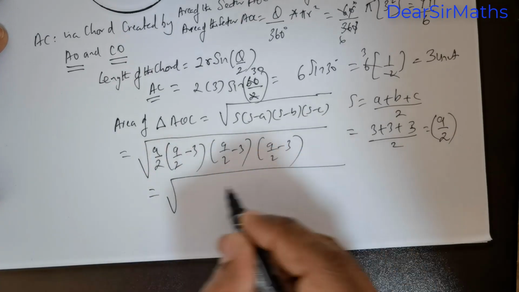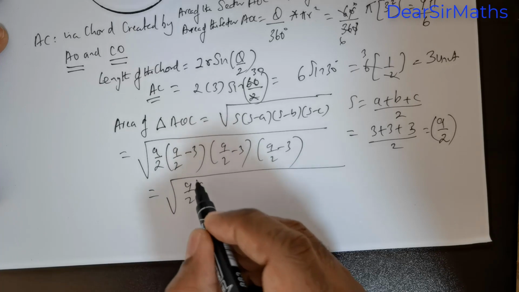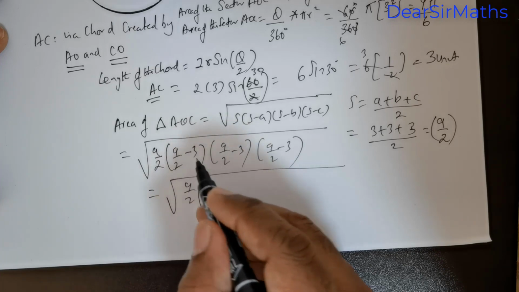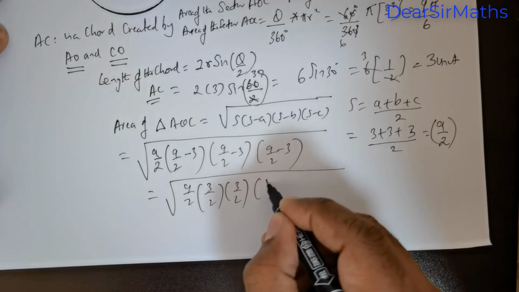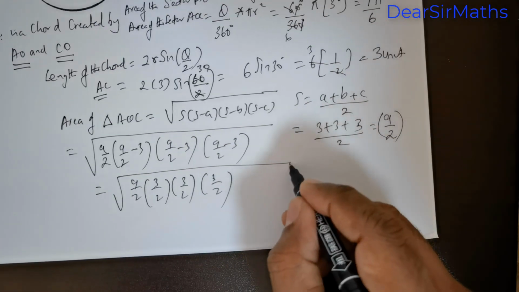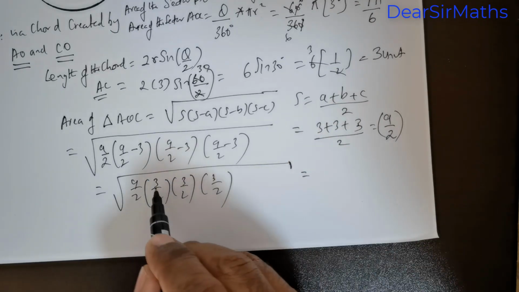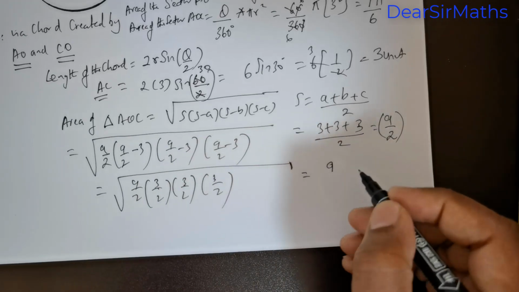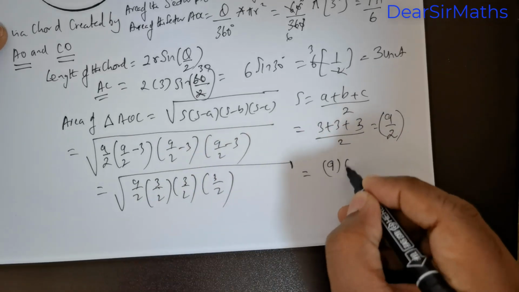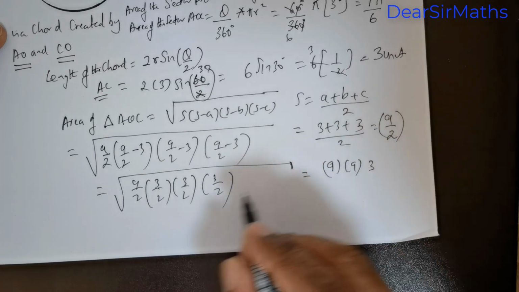So this is equal to root of 9 over 2. LCM is 2, so this is going to be 6. From 9 you take away 6, you get 3 over 2. You get the same value, 3 over 2, 3 over 2. So this is equal to, 3 3s are 9, you get a 9 there, and then you have a 9. I'm not going to do anything with the 3, so just place the 3.